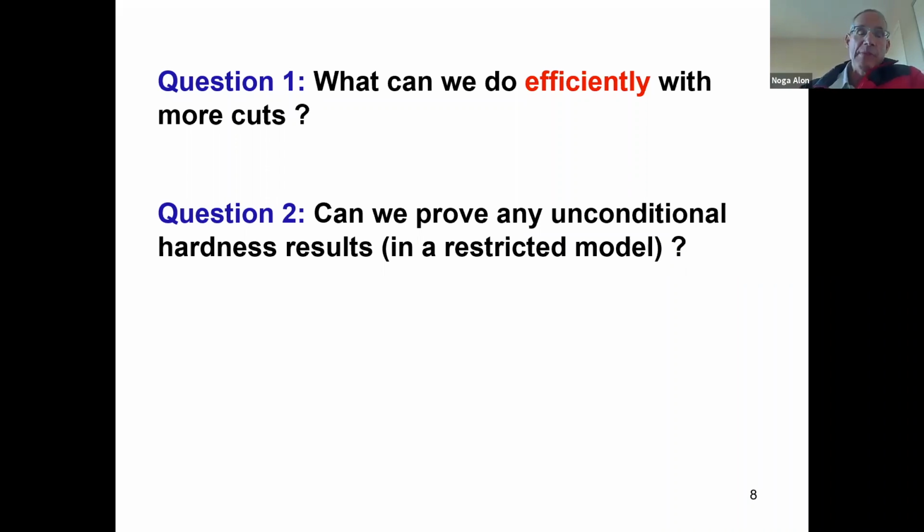But maybe if we allow n log n cuts, or something big constant times n, maybe we can do something. And then, can we prove any unconditional hardness result, maybe in a natural restricted model?